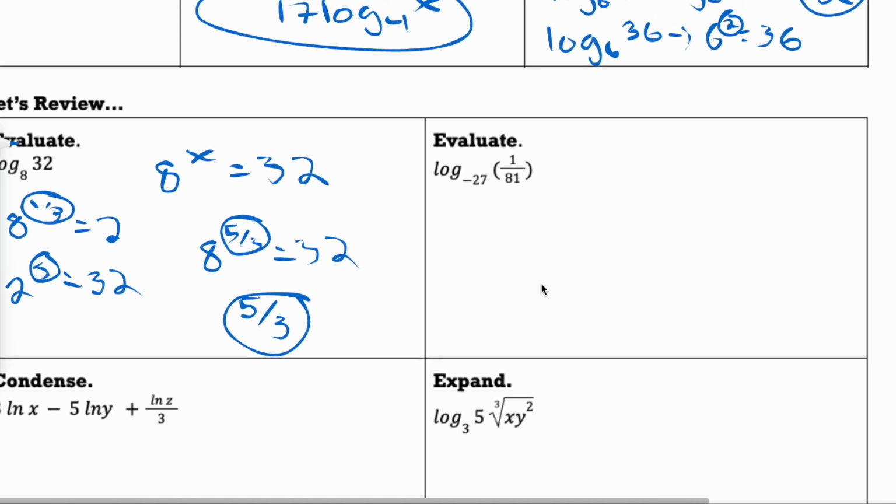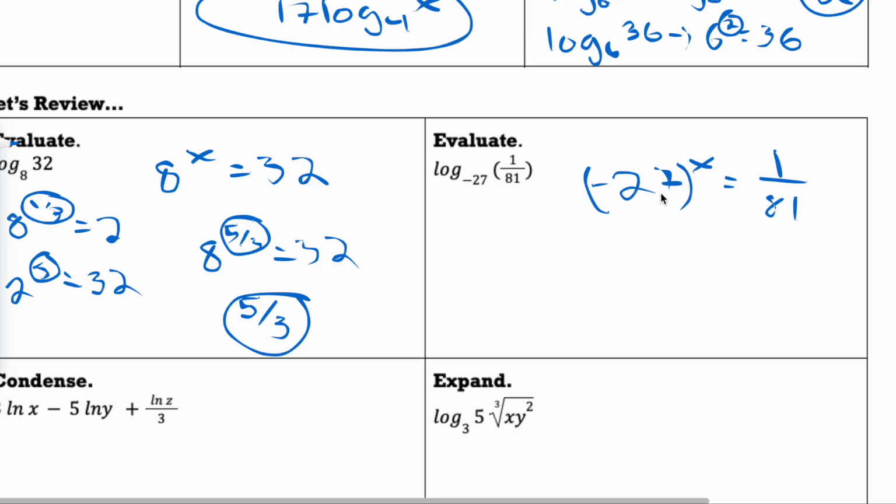Here we have negative 27 to some power equals 1/81. And actually, this is important to have parentheses there because this negative is part of that.